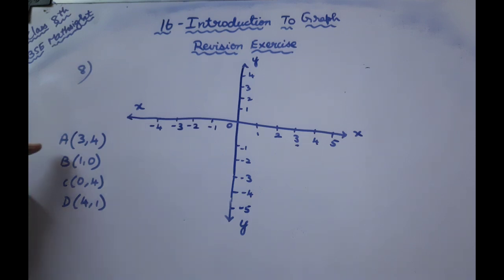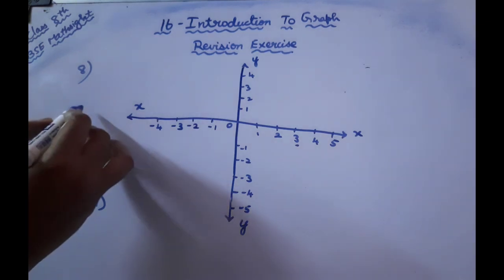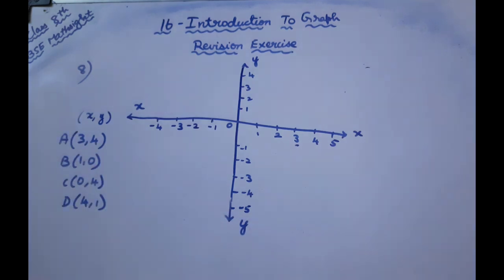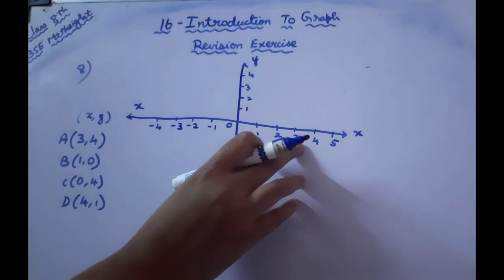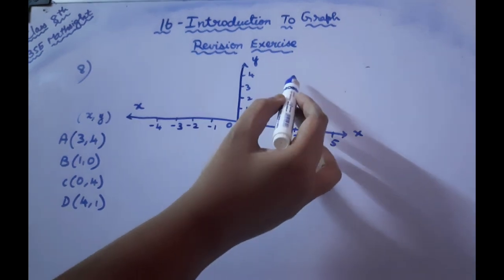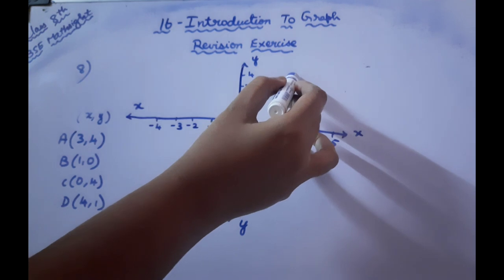So now first we will take the point (3, 4). Always we have to plot the point (x, y), so the first value on the x-axis and the second value on the y-axis. So x-axis 3 will be here and y-axis 4 will be upward. So (3, 4), we plot the point over here.